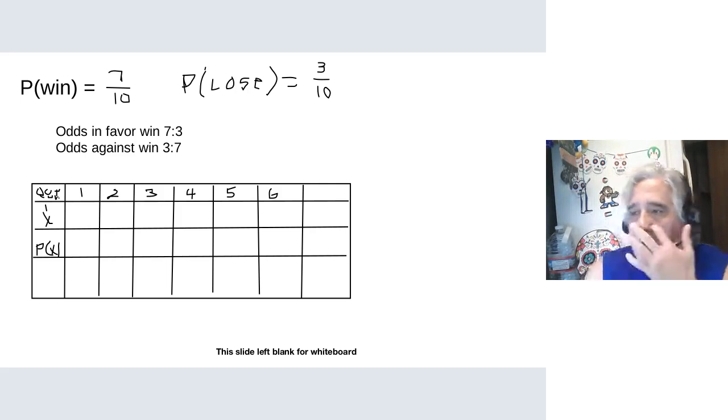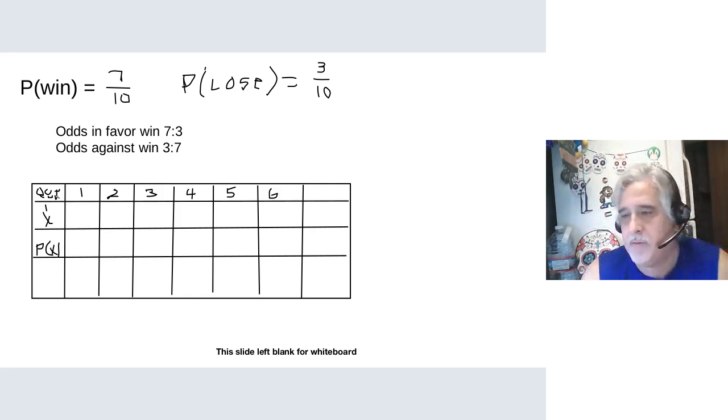Now, what we're going to put for X is what happens when each one of those things happens. So this is $1, one single dollar. For number 2, it's $3.